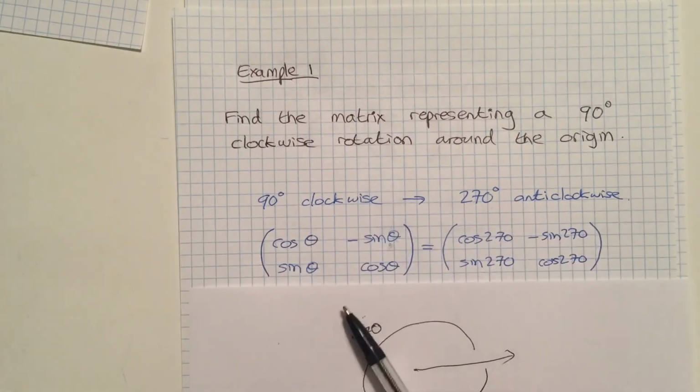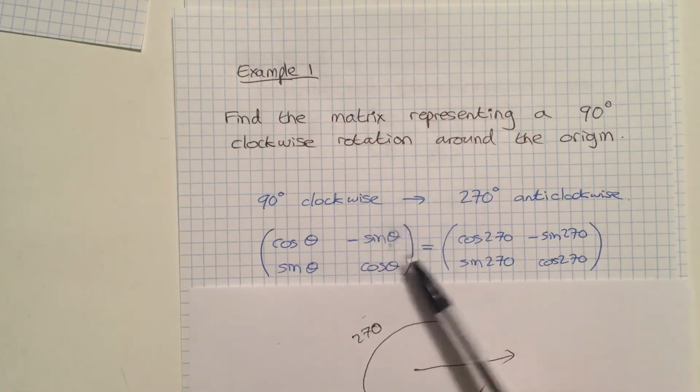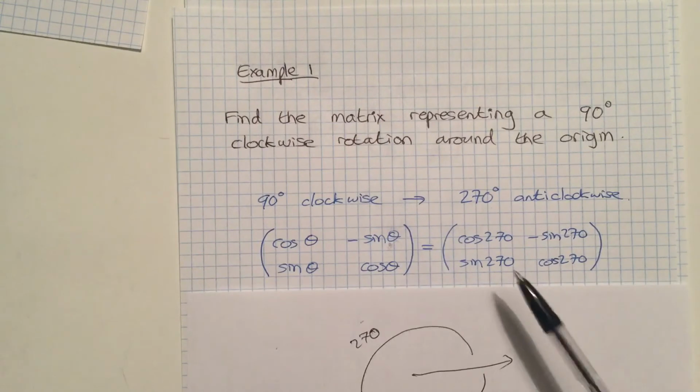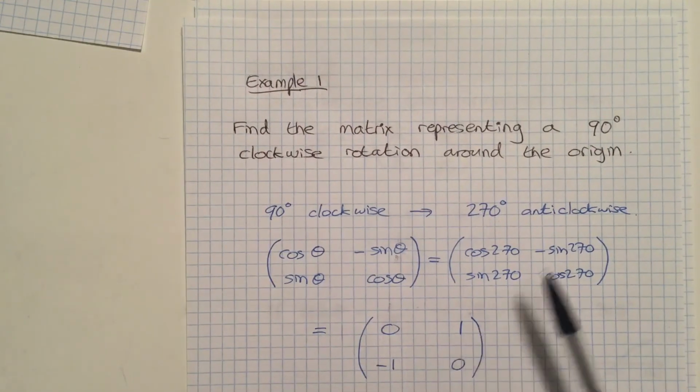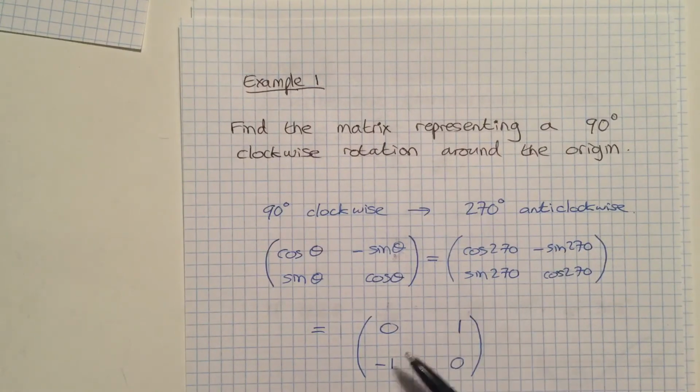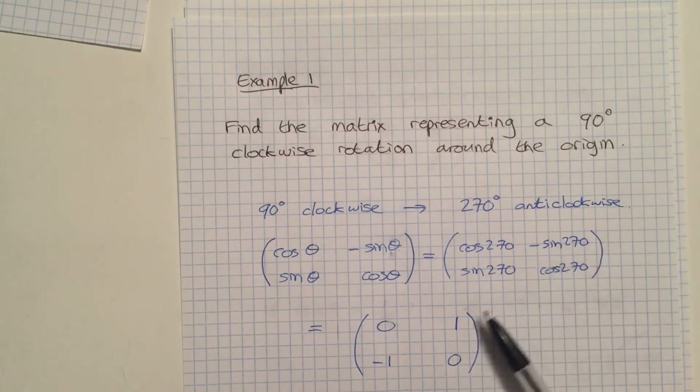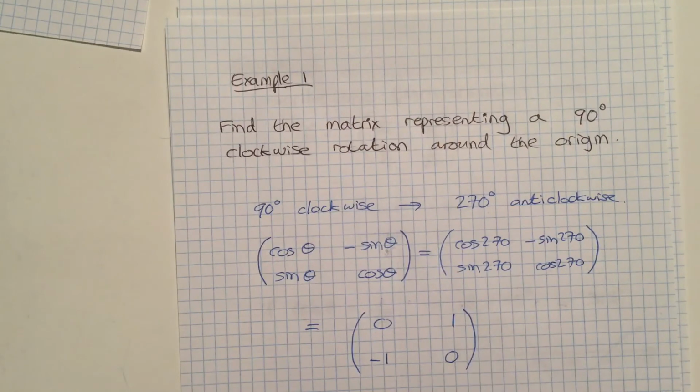So I can use that in the formula that we just saw. So just putting 270 here, here, here, and here. And now I know that cos 270 is 0, sine 270 is -1, minus sine 270 is 1, cos 270 is 0.